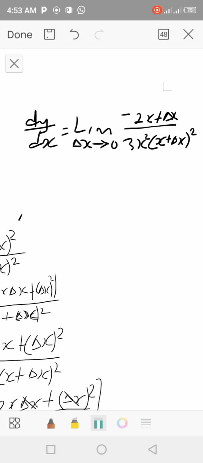Good. So this is going to be equal to minus (2x plus Δx).